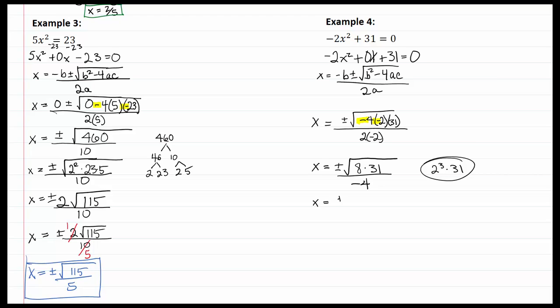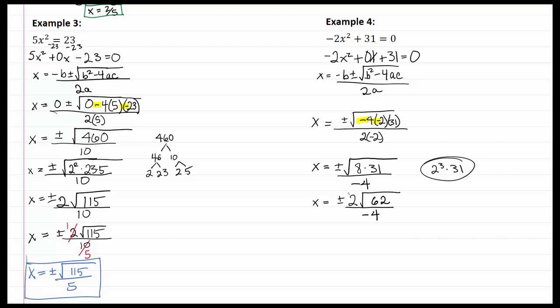Let's just keep going here, plus or minus 2, because 3 divided by 2 gives me 1 with 1 remainder, so I'm going to leave one 2 inside. 2 times 31 is 62, so I'm just going to replace that with a 62. All over negative 4.